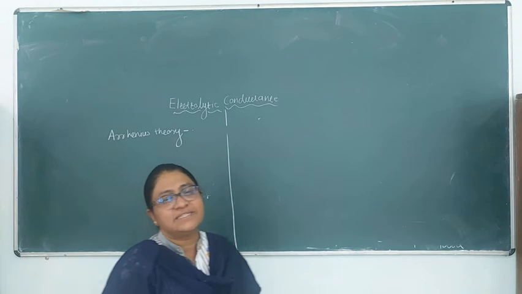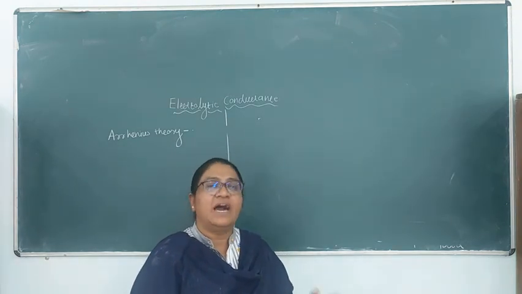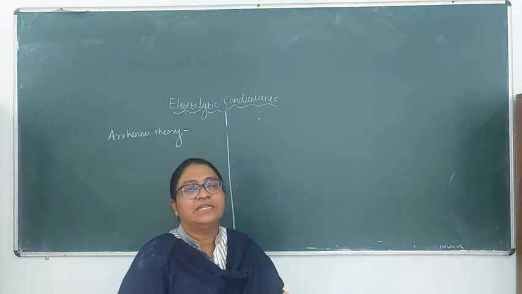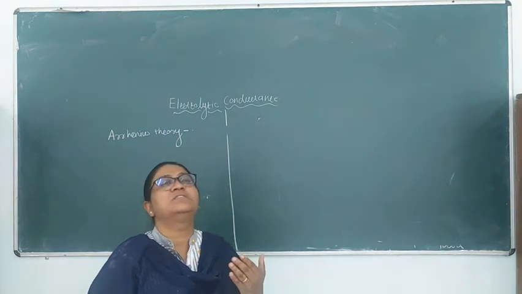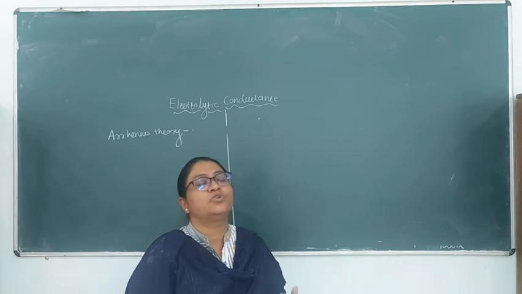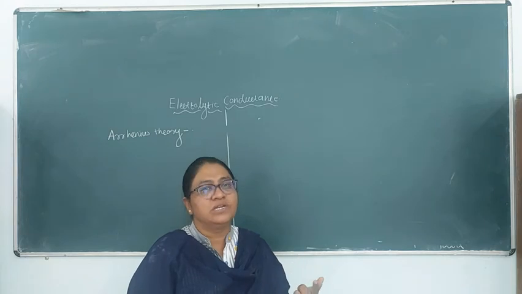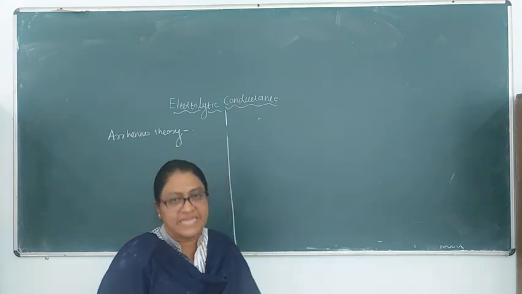And Arrhenius says that electrolytes dissociate partially, and whatever ions are produced, due to those ions the conductance is there in the electrolyte. And as you increase the concentration, there is a decrease in the dissociation of the electrolyte, and hence on increasing the concentration, the conductance decreases. This is the Arrhenius theory.